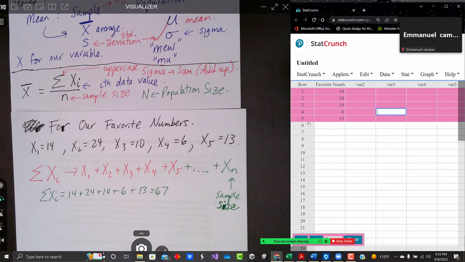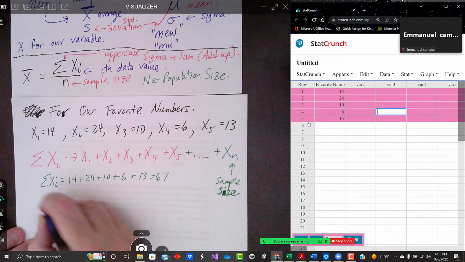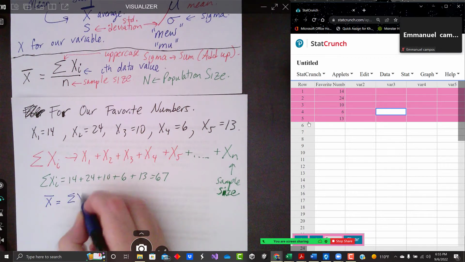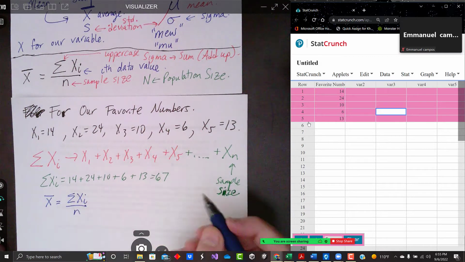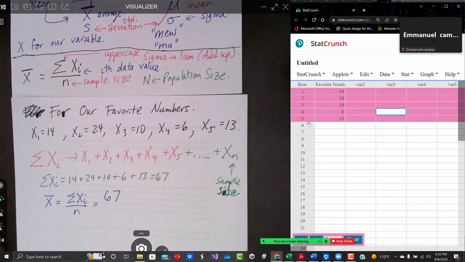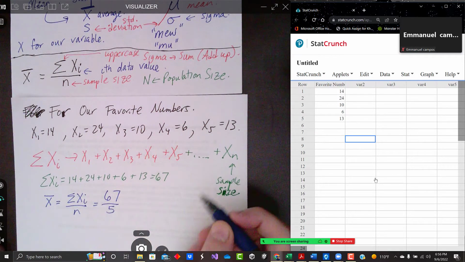So when we do x bar, we're going to do all those and then divide by n. I already added it up. I'm not going to do that again. 67, n was, I've got 5 rows. 5 of us gave our sample number, our favorite numbers. So n is 5 here.